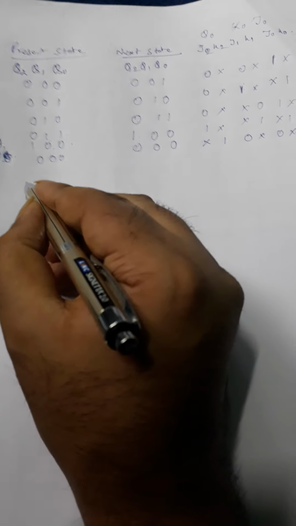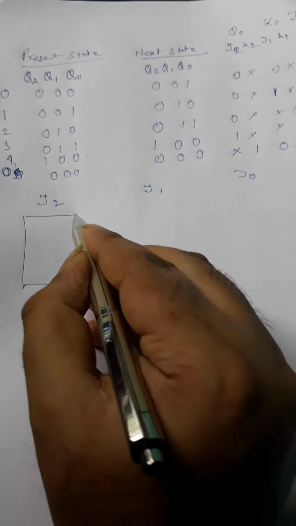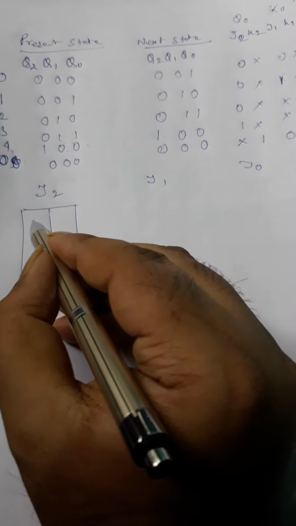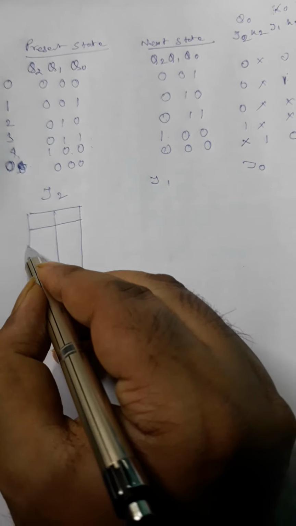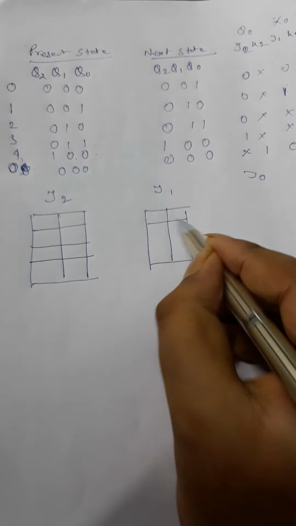Now what shall we be doing? We shall be drawing the K-maps of J2, J1, J0. Now how many variables are there? 5. So an 8-cell K-map will be sufficient, right? For J1 also we are drawing it.